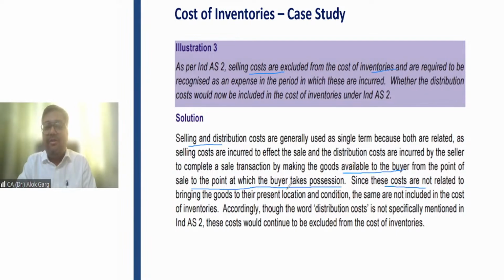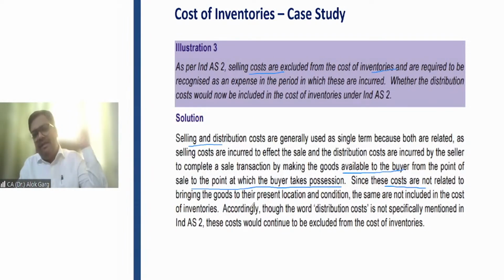Since these costs are not related to bringing the goods to their present location and condition, be it a selling cost or a distribution cost, it is not a mandatory cost to bring the inventory into a location and condition ready for sale.